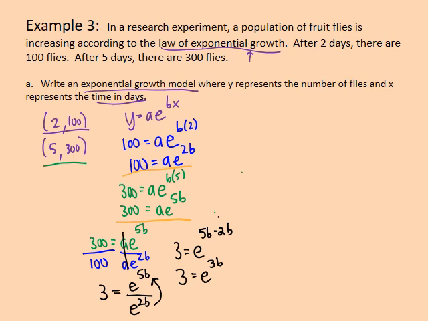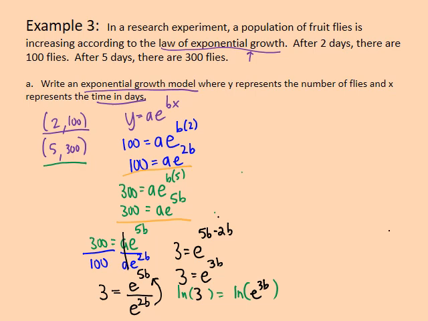Now, you can take the natural log of both sides. So we have the natural log of 3 and the natural log of e to the 3b.